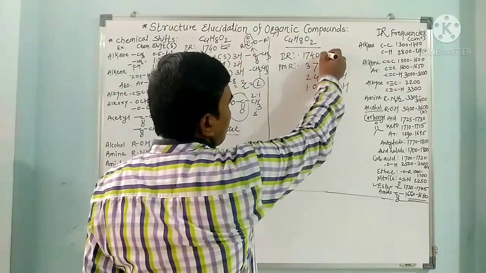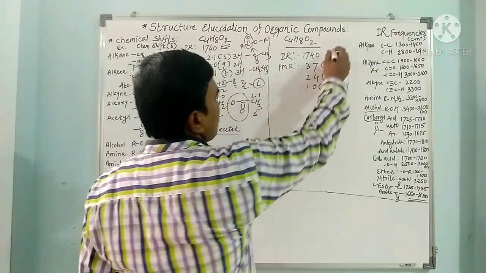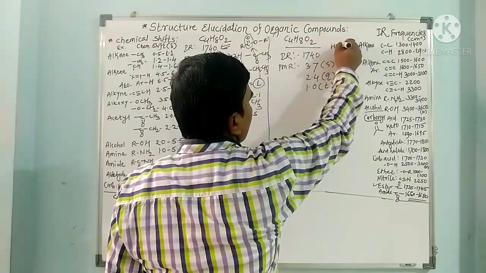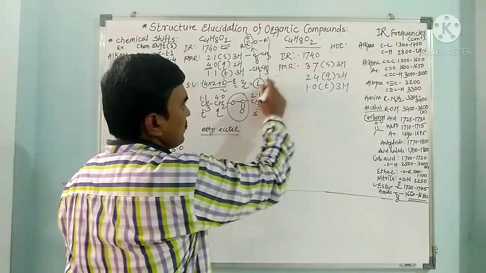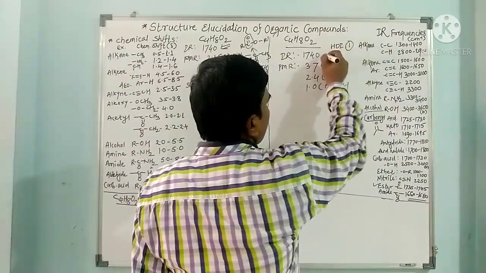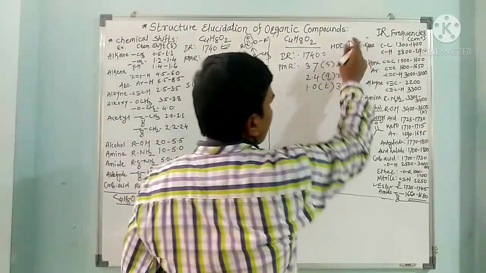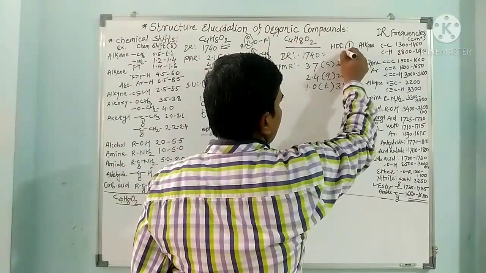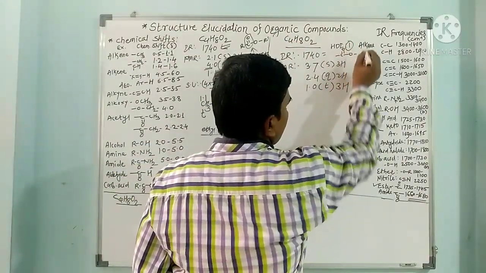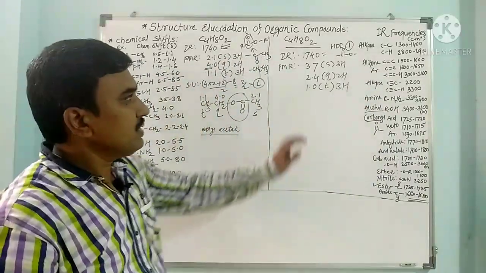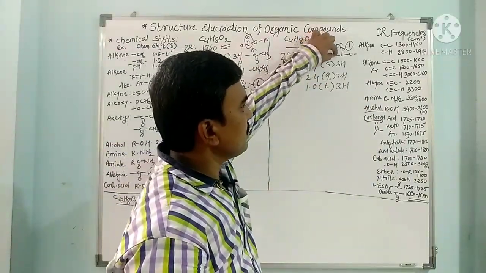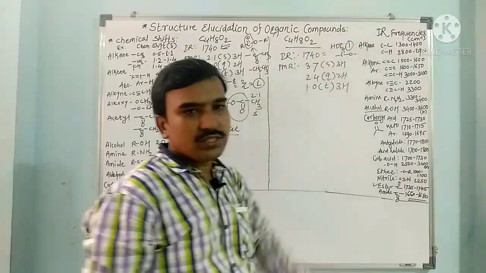Now the molecular formula is the same, so hydrogen deficiency index must be 1 as we have determined. This indicates ester is there, 1740, if carbonyl is there, unsaturation 1 is there, so COO is there. Now we have to attach only the suitable fragment to this carbonyl and a suitable fragment to this oxygen.